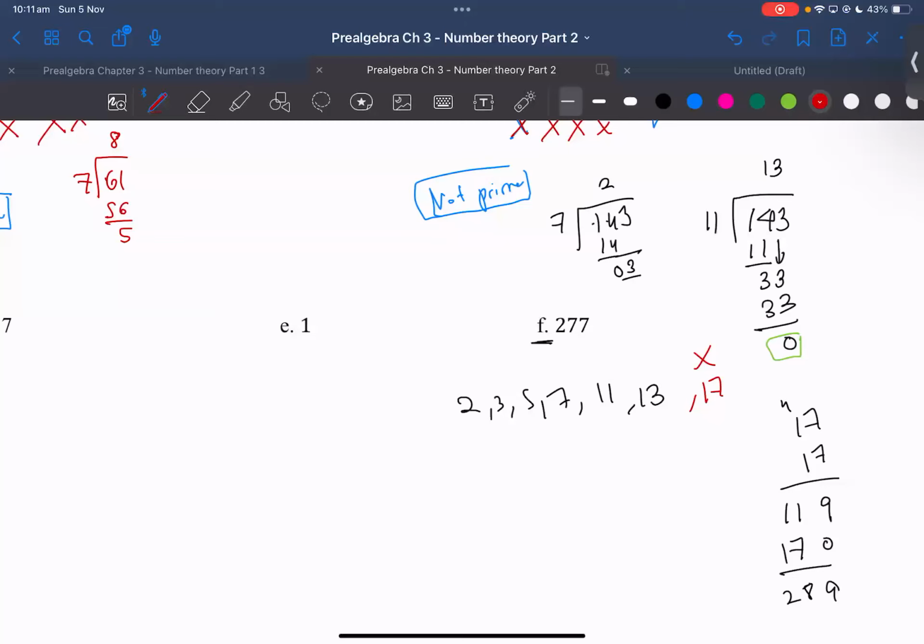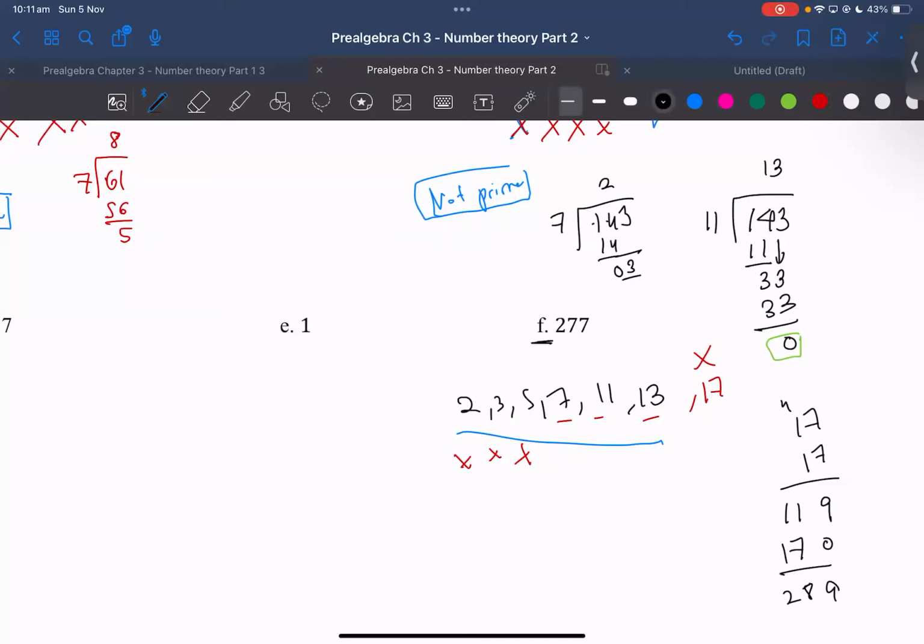So even with this pretty big number, you only need to test 6 numbers to know if it's prime or not. And just go through each one of these and test them. The first ones are really easy to test. 2 obviously not, 3 obviously not, 5 obviously not. 7, 11, 13, you divide and you check. 13 doesn't work.